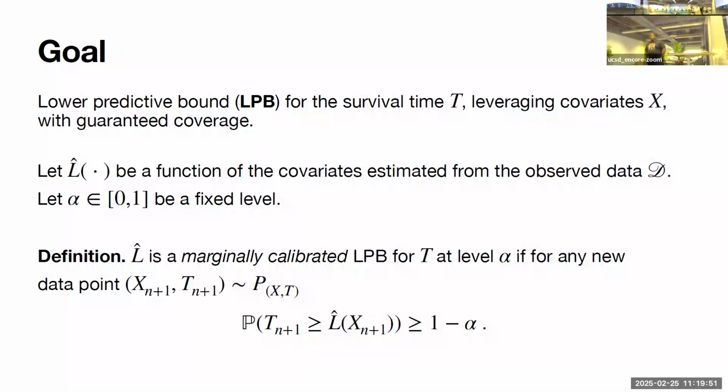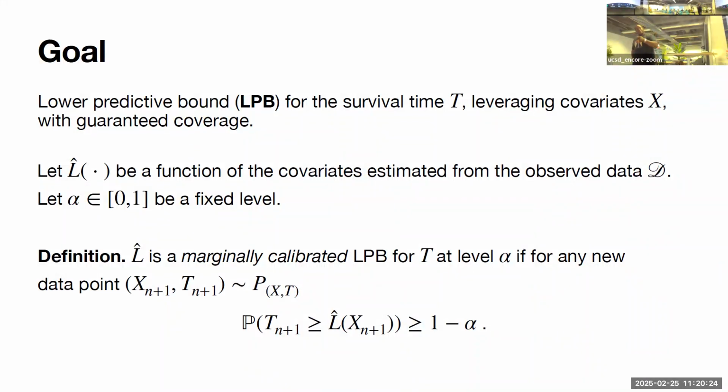All right, so here's our goal. The goal is to construct lower predictive bounds, which I'll sometimes refer to as LPB, for the survival time T by leveraging covariates X while guaranteeing coverage. What that means is that we're going to construct some rules, L hat, which are going to be rules that depend on data X. And it's going to be a function of the covariates estimated from the observed data.